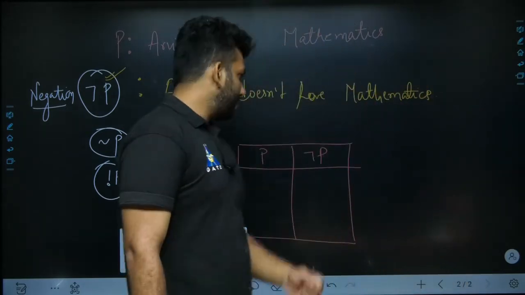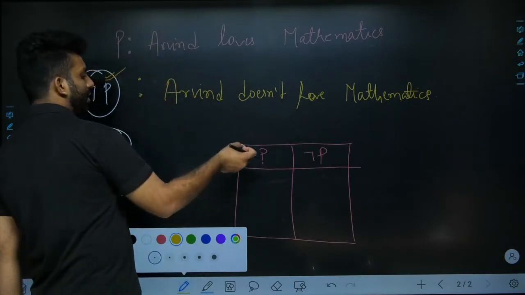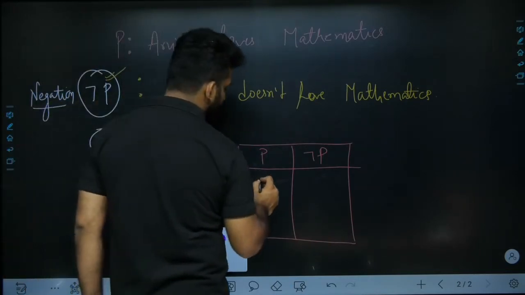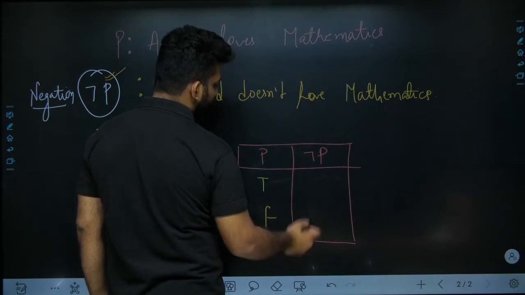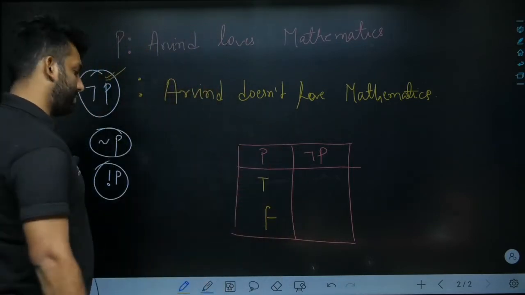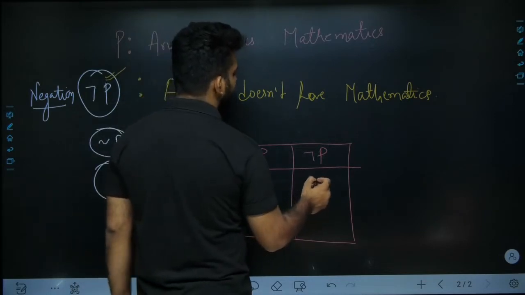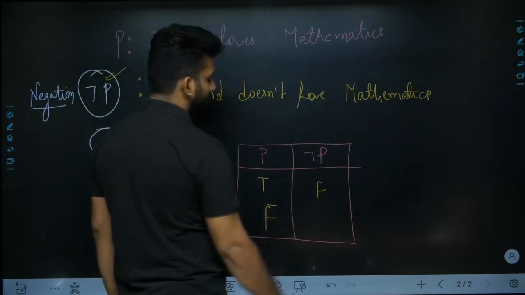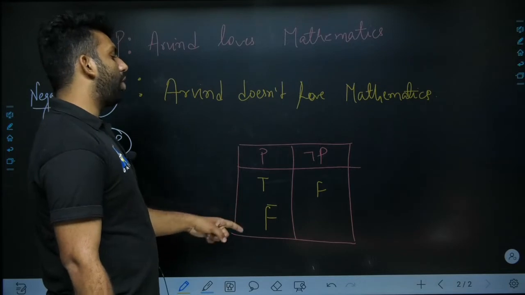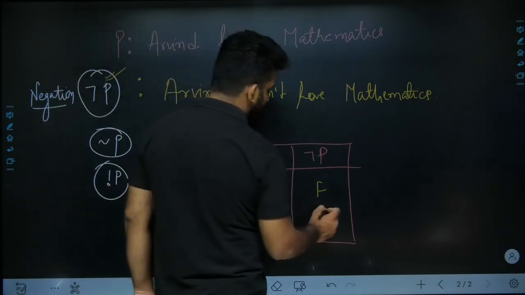We know that. Say the P value was true or false, then what will be the negation of P? If the value of P was true earlier, then the negation of P will become false. And if the value of P was false, then the negation of P will become true.